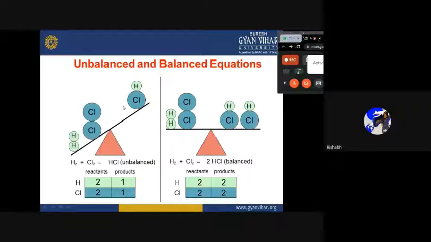So the number of atoms on the reactant side and the product side are different. So it is an unbalanced equation. Whereas on the right hand side the number of atoms of each element are the same on both the sides. So it is an example of balanced equation.